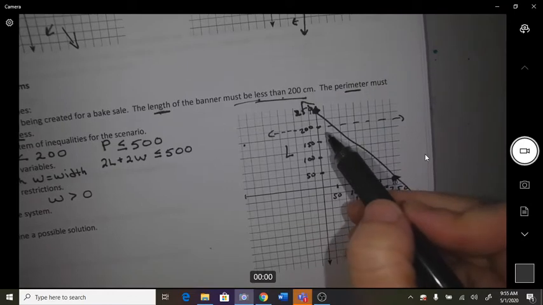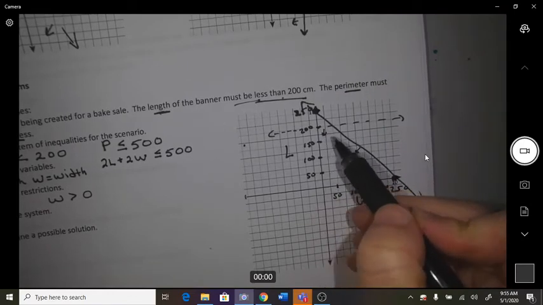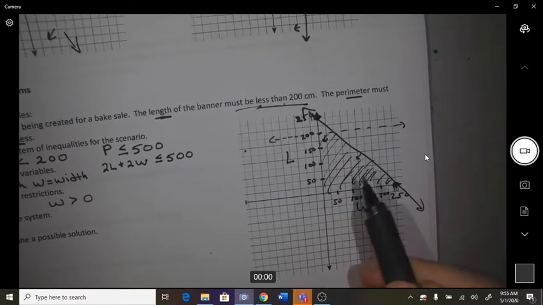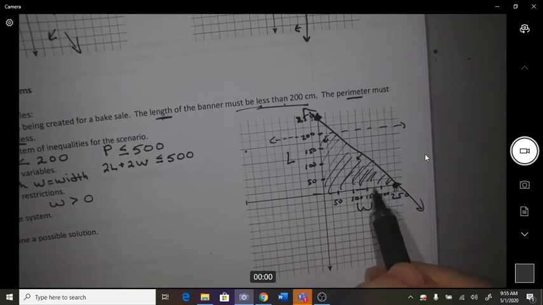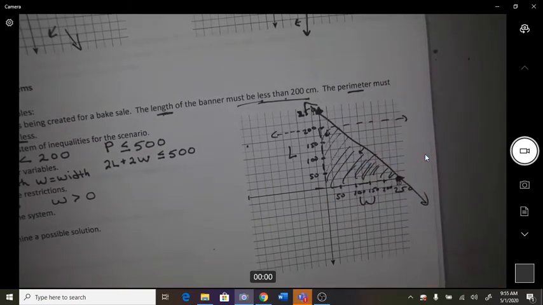Okay, and then we need to be less than that line, below that line. So we're in this zone right here. Also remember that you can't be right on that line.